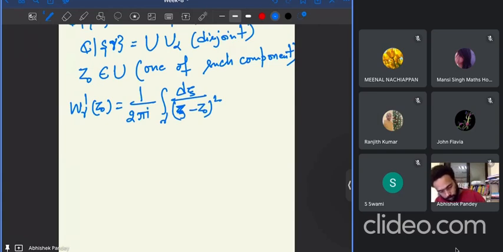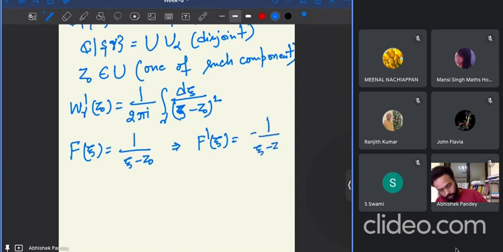If we consider this function f of xi as 1 upon xi minus z naught, this implies that f dash xi is basically minus 1 upon (xi minus z naught) square.